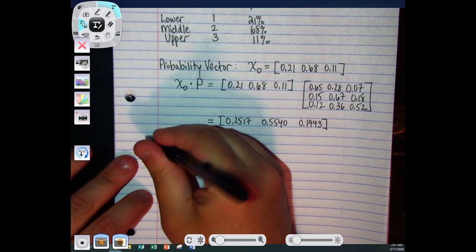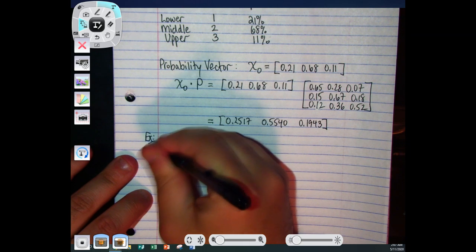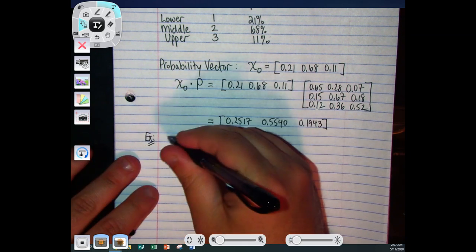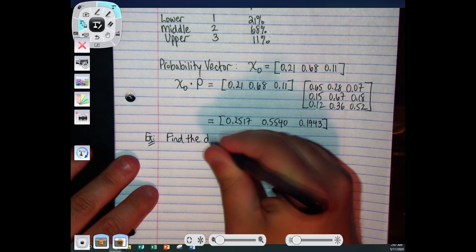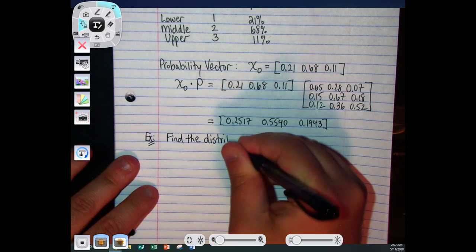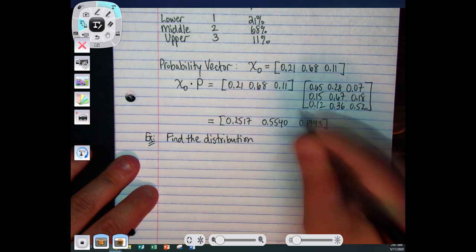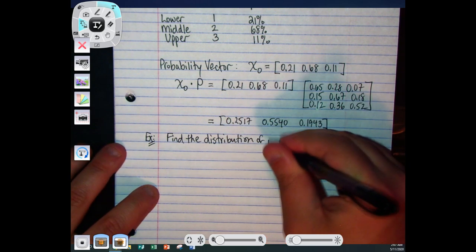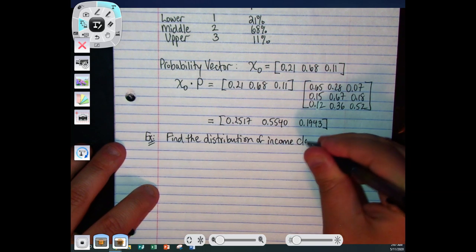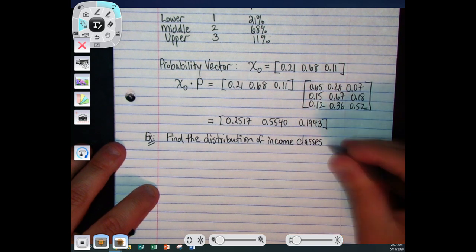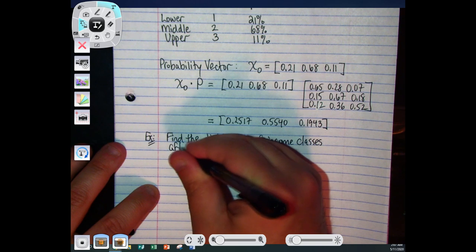In another example, let's say they ask us to find the distribution of income classes after 2 generations.